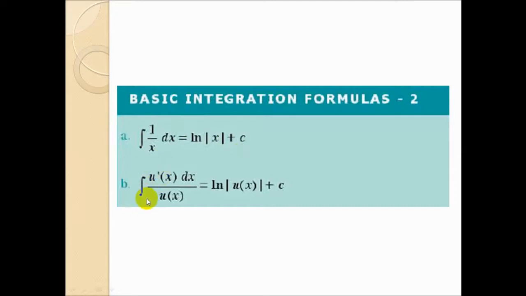And if the integrand has a part that is the derivative of another part, we can get ln absolute u(x) plus c. Let's see the example.